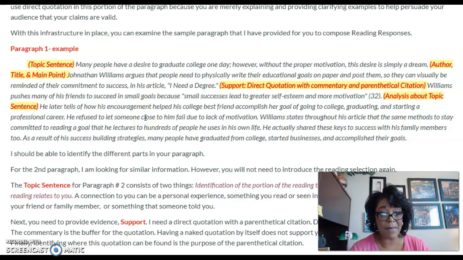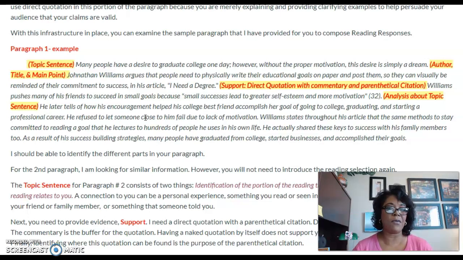Now that second paragraph is going to be kind of interesting. So if you notice, that first paragraph is going to be focused on the author's main point, showing me that you identified the author's main point. Okay? Second paragraph, I want to hear what was compelling to you. What did you see as you were reading that reminded you of something?